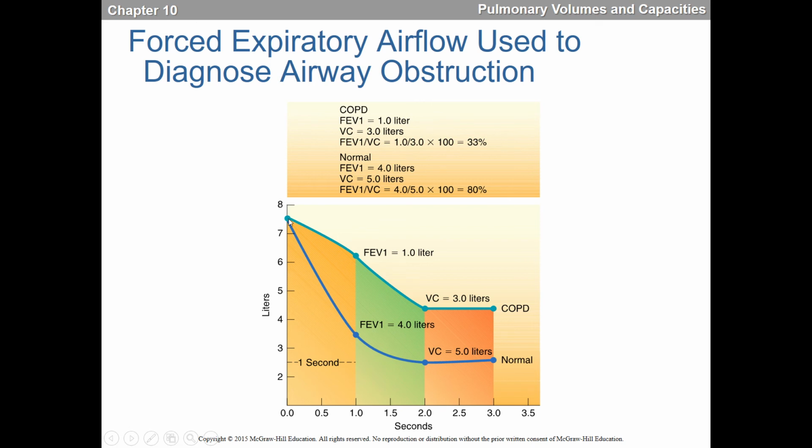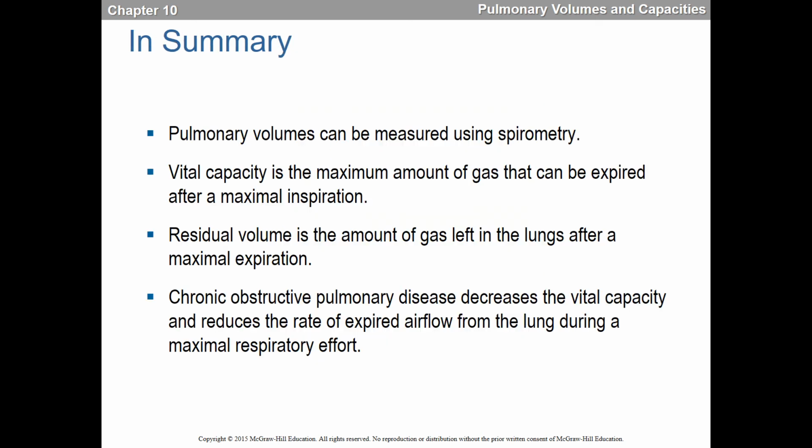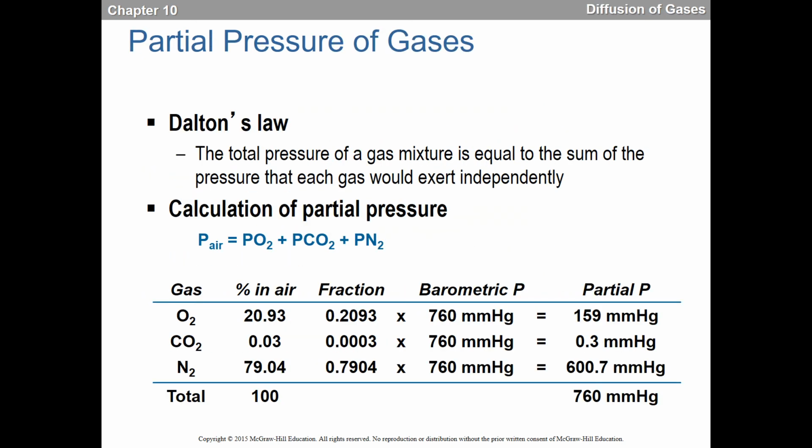And in a COPD individual, there's a smaller ratio, meaning that there's resistance, an obstruction in there, so it's harder to have a greater rate of flow coming out of the lungs. So there are some interesting things there if you are interested in that.